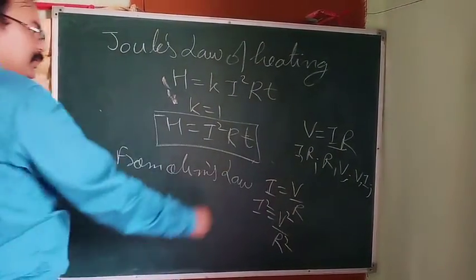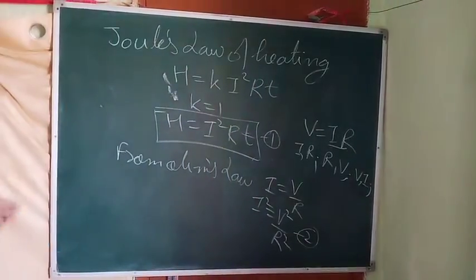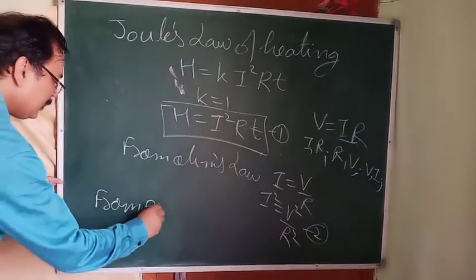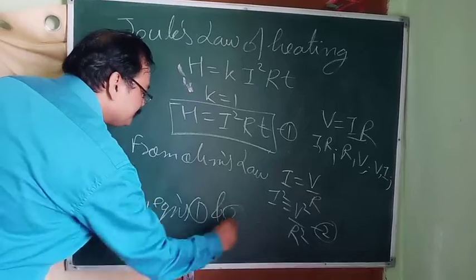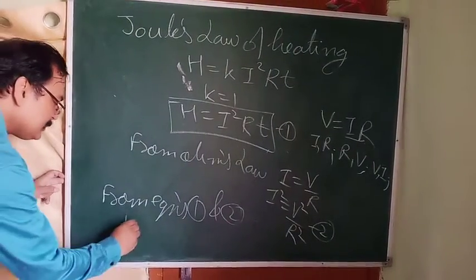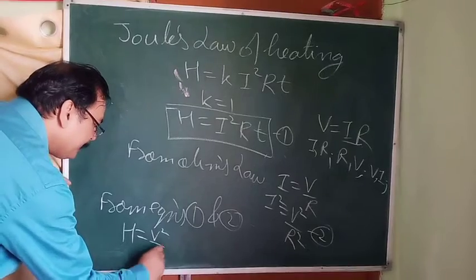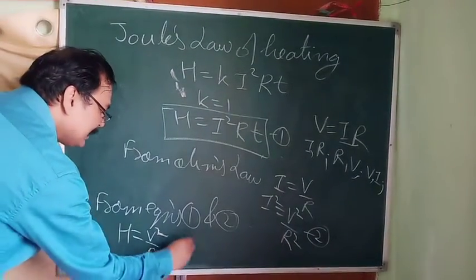If we mark this equation number 1 and this equation number 2, then from equations 1 and 2, what will we get? H is equal to, instead of I, we will write V square by R square, and R is there and T is there.